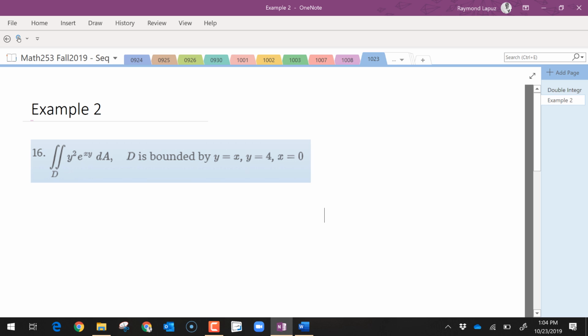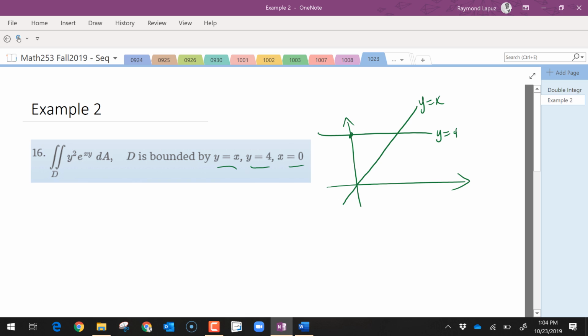All right, graphing these things is going to be one of your key issues. You have y is equal to x. And the more you're familiar with these graphs, the faster you're going to go. Otherwise, you're going to have to sit there and try to plot points or graph it or whatever. Y is equal to 4 is a horizontal line.